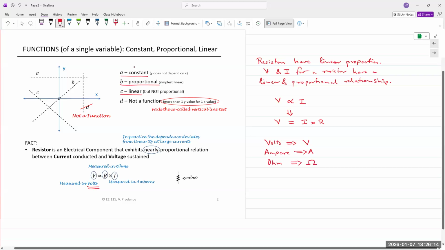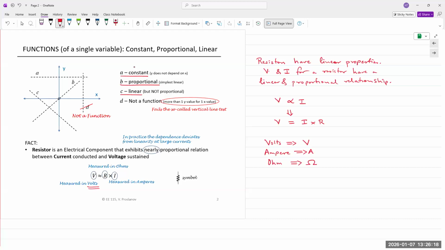This again is the uppercase omega, not the lowercase. So units typically are always uppercase, capital letters. This is the only quantity I can think of that actually uses the Greek letter as a unit symbol. Everything else is simply a letter.